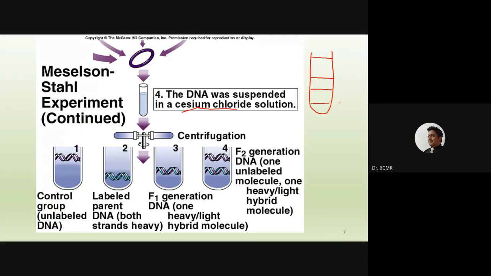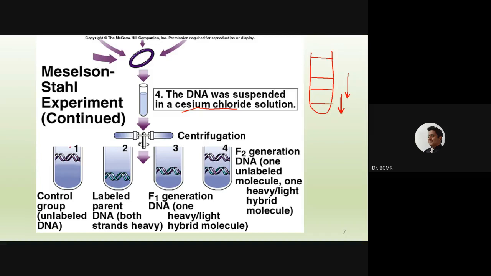The N15, whichever is very heavy and dense, will settle faster. Whichever is lighter will travel slower. That is how the DNA would behave.